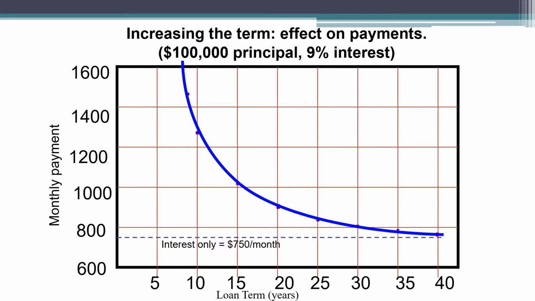You'll notice that the chart is very much curved and gets closer and closer to the $750 figure of interest only. Obviously, it never quite reaches $750, but we can't get below $750 no matter how far out we extend the term. And you'll notice there isn't very much difference between a 30-year and a 40-year term in terms of reducing the monthly payment.